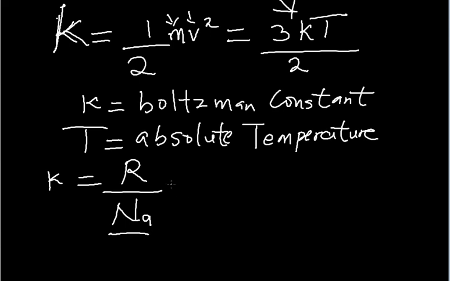This N represents the number of atoms in 1 mole of a gas, or 1 mole of any substance. So the Boltzmann constant is equal to the universal gas constant divided by the number of atoms in 1 mole of a gas, or Avogadro's constant.